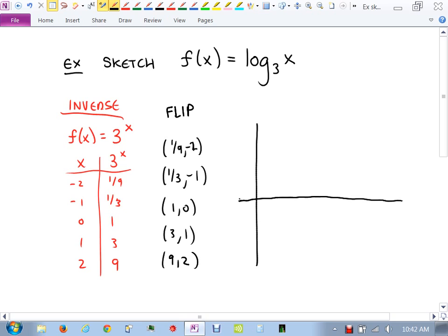Let me do that first one. 1/9. Let's say this is 1, 2, 3, 4, 5, 6. 1/9 is just go to the right just a little bit, and then go down how much? 2. So it's going to be somewhere around here. Then 1/3, go to the right 1/3 and down 1.